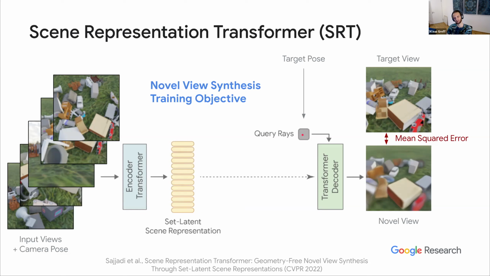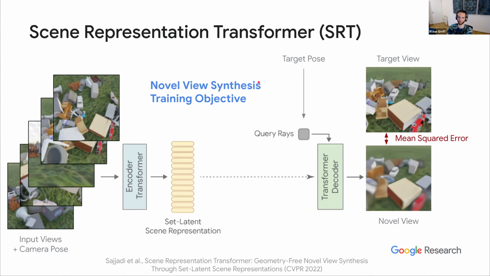And as I said, in the light field parameterization, what we do is for every pixel of our desired target image, we construct a ray that we embed, make it a query for our transformer, which then attends into the scene representation and then outputs for that pixel the corresponding color. And then once we have the reconstruction for the camera pose of the target view that we want, we can then just compute the mean squared error with the actual ground truth target view and backpropagate that through the entire system and train the system.